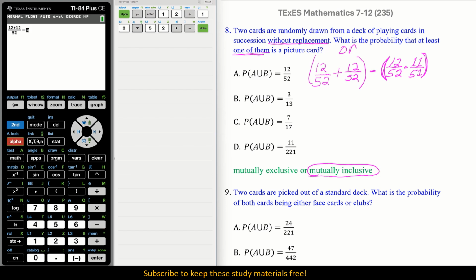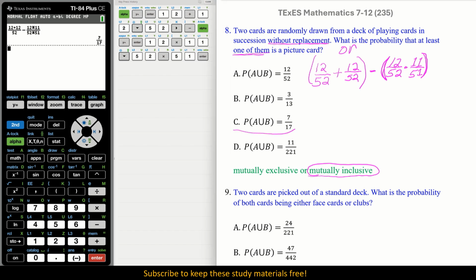Subtract that out. So alpha y equals, we don't have to use the parentheses if we're going to put it together, just everything across. So 12 times 11 in our numerator and our denominator is 52 times 51. Okay, so let's push enter. And we do get a valid answer, 7 over 17.